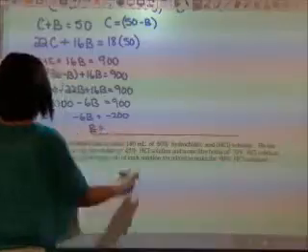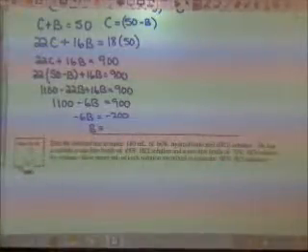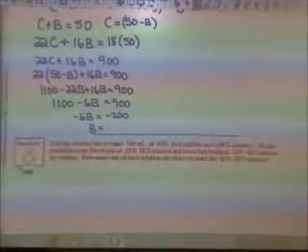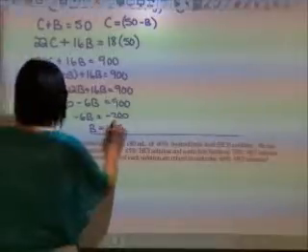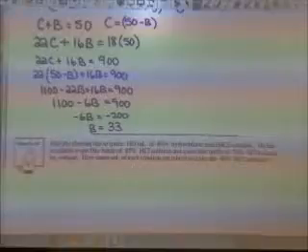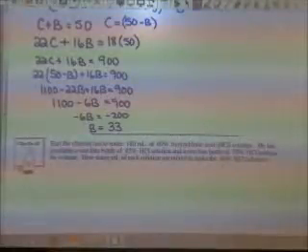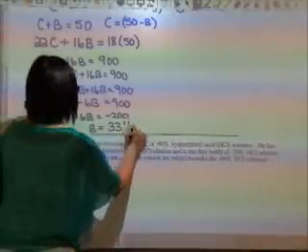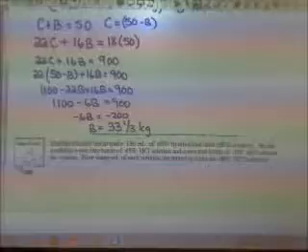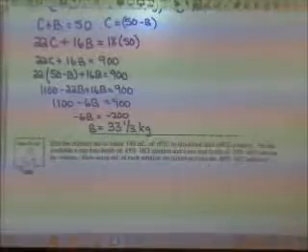And then B would equal, what is negative 200 divided by negative 6? 33.3 repeating. Okay, so 33. And how do I write 0.3 repeating as a fraction? 1/3. So I have 33 1/3 kilograms of Brazil nuts in my mixture.